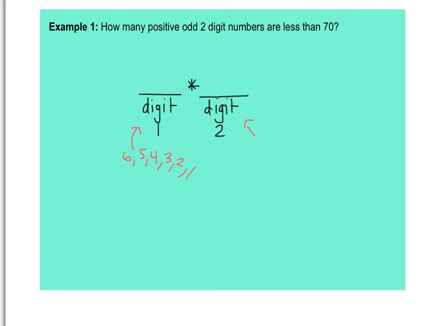So in that case, it could only be 1, 3, 5, 7, or 9. So if we count then, there's 1, 2, 3, 4, 5, 6 selections for the first digit, and then there's 1, 2, 3, 4, 5 selections for the second digit. And so if we multiply that together, there's 30 different numbers that meet that criteria.